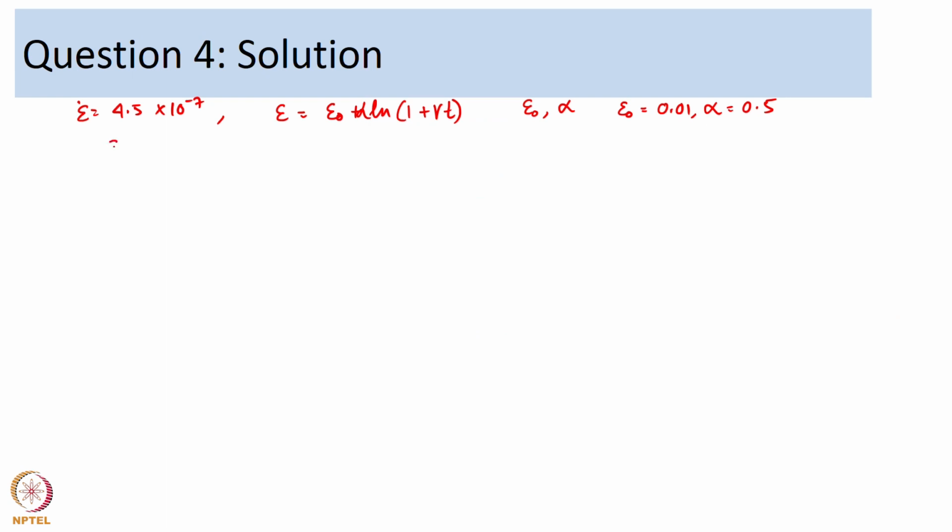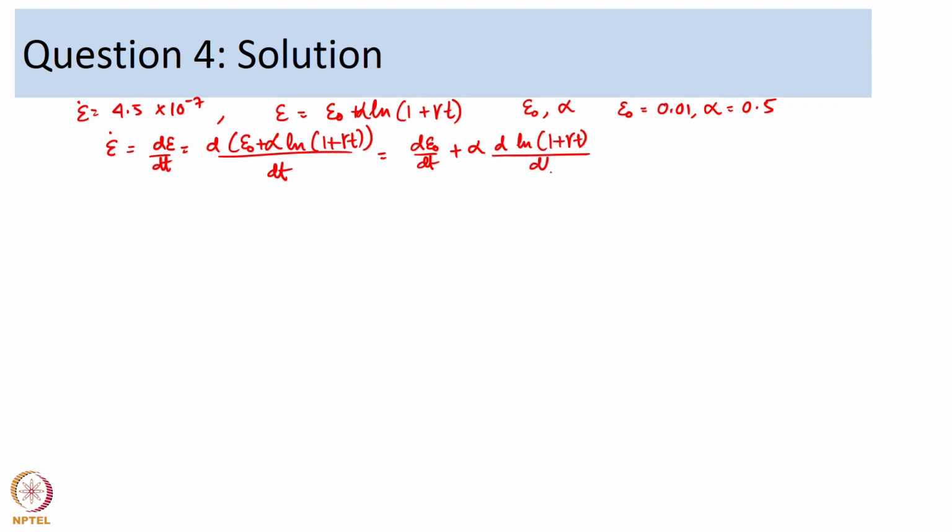So, the strain rate of deformation, epsilon dot, is going to be d epsilon over dt, that is equal to d of epsilon naught plus alpha ln of 1 plus gamma t over dt, that is equal to d epsilon naught over dt plus alpha d of ln of 1 plus gamma t over dt.